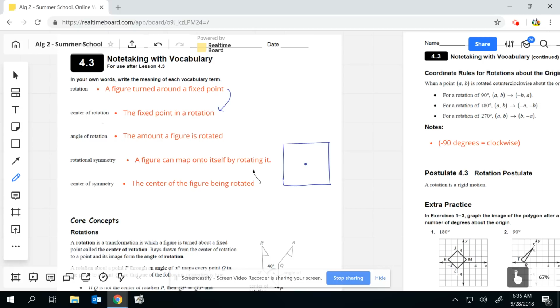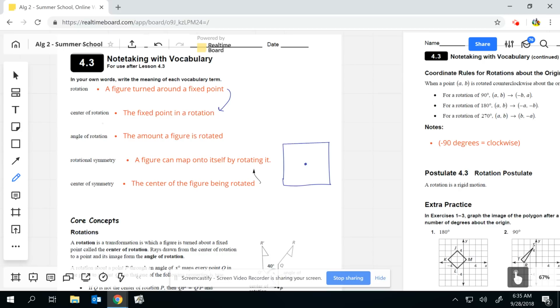And if you can do that with a shape where you rotate a shape less than 360 degrees and it looks exactly the same as when it started, that's called rotational symmetry. And the center of the symmetry is the center of the figure itself. You can see it right there.